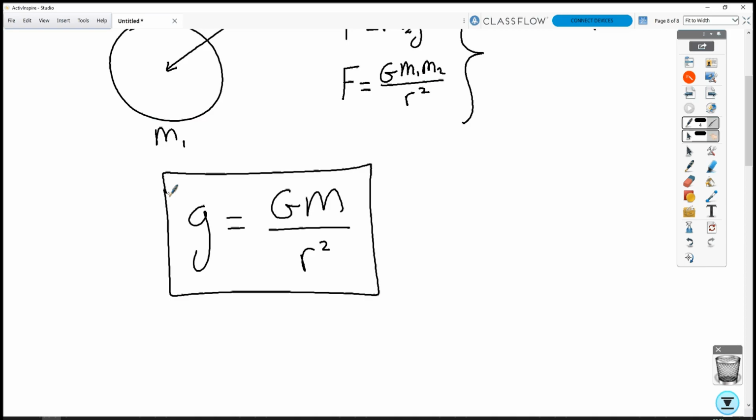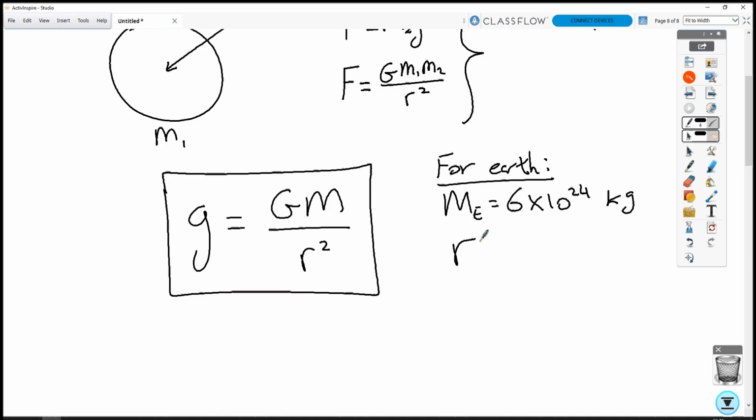We can do a quick test of this to see if it works by putting in the values for Earth. So for Earth, the mass of the Earth is equal to 6 times 10 to the 24 kilograms.